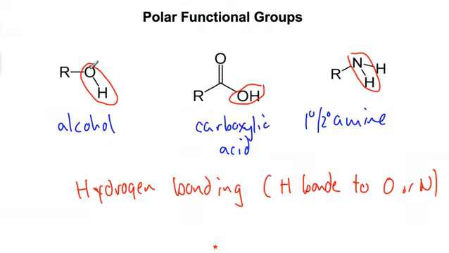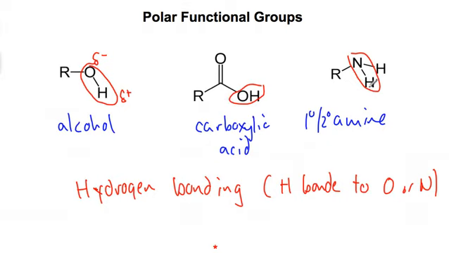In alcohols, oxygen bonded to hydrogen, delta negative around the oxygen, delta positive around the hydrogen. Hydroxyl group on the carboxylic acid, so that again is going to be very similar to what the alcohol would look like.